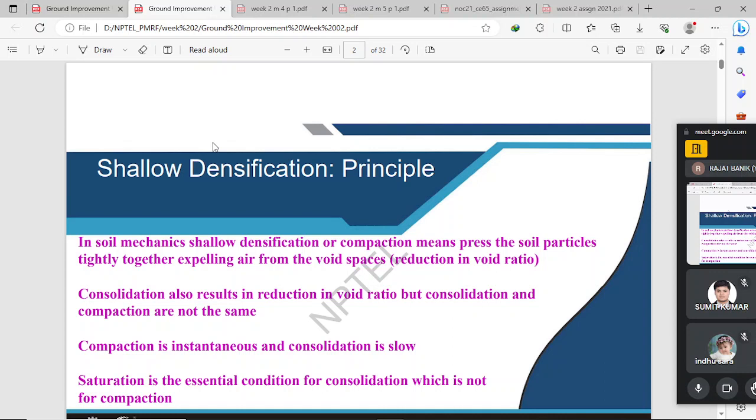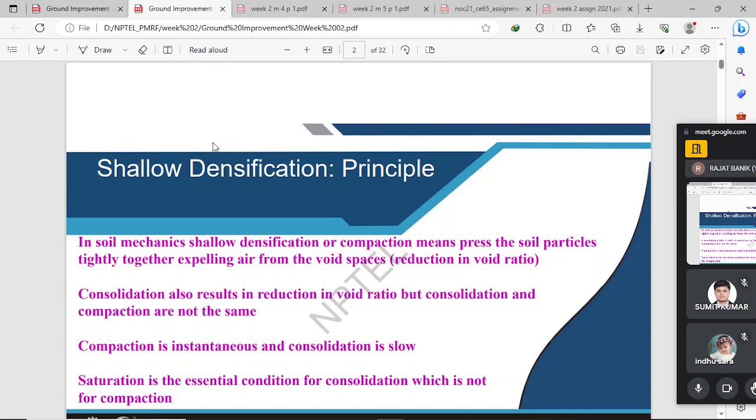Because water is incompressible in nature, it always tries to flow when pressurized, wherever it finds gaps or pores. Then, after the excess pore water pressure is expelled by the temporary loads, the particles come closer, the ground settles, and the ground is stabilized for further construction. No further settlement occurs after consolidation.